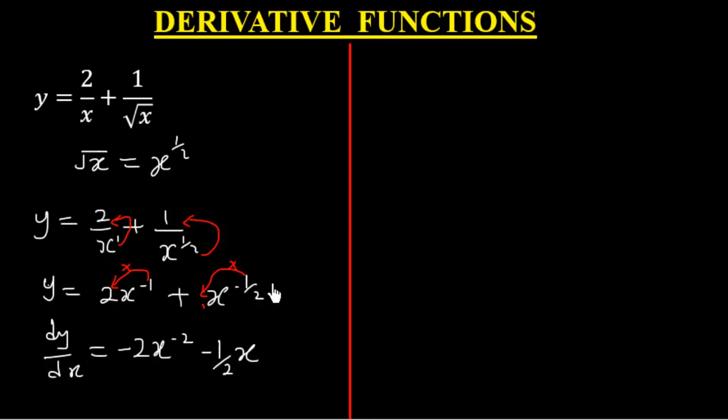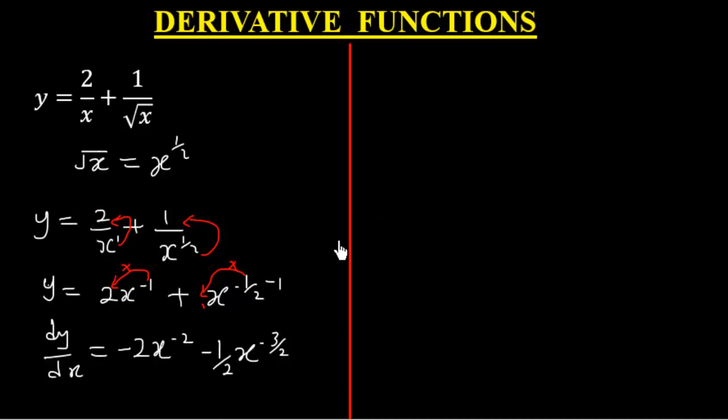And as the exponent has to reduce by 1, negative half minus 1 will also give us negative 3 over 2. So negative 3 on 2. Good.